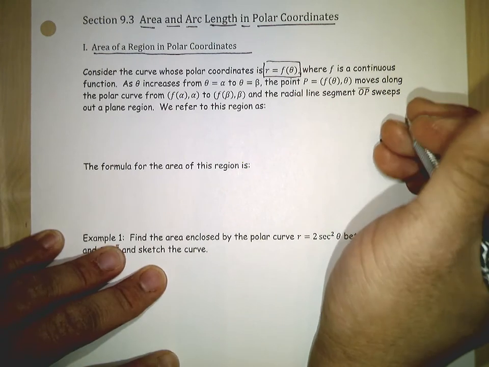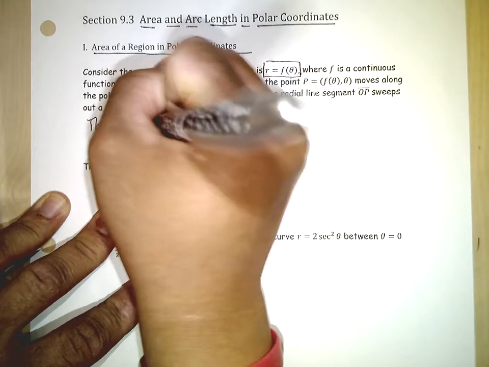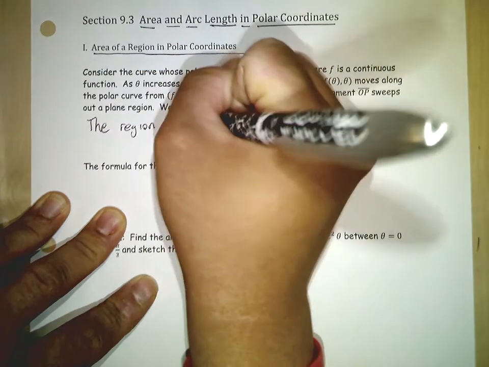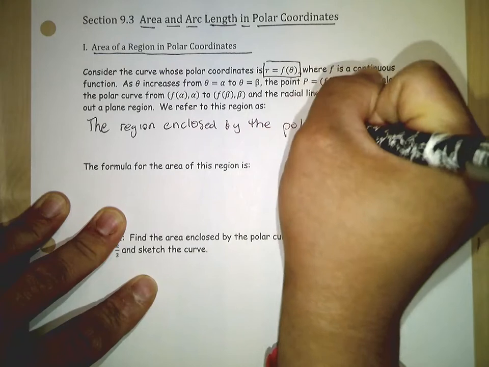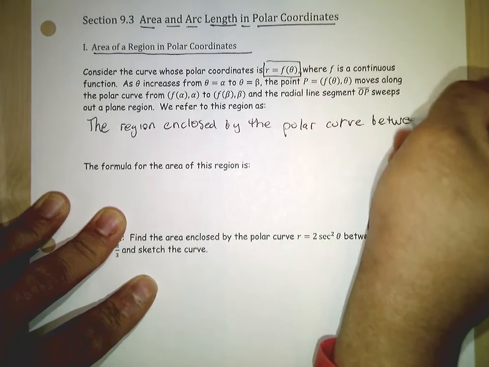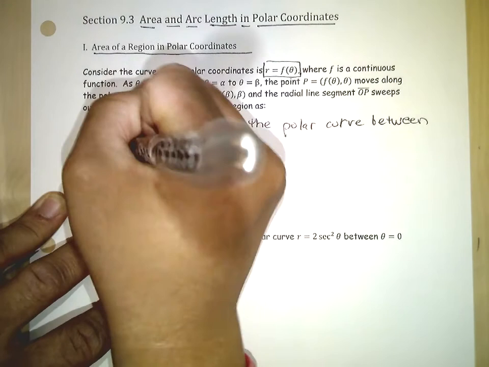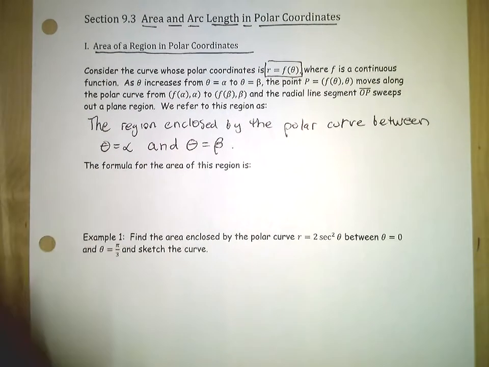And we refer to this region as the region enclosed by the polar curve between theta equals alpha and theta equals beta.